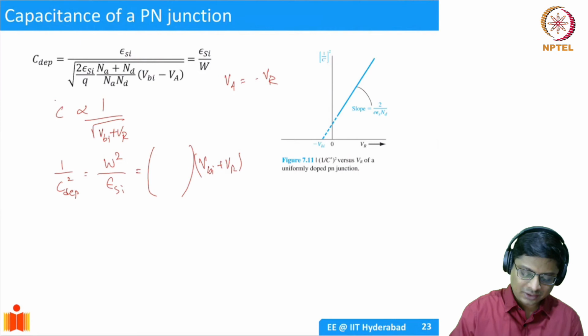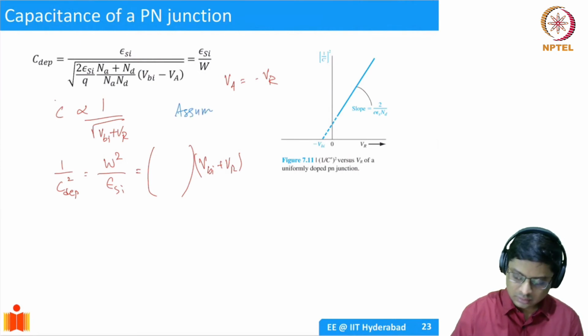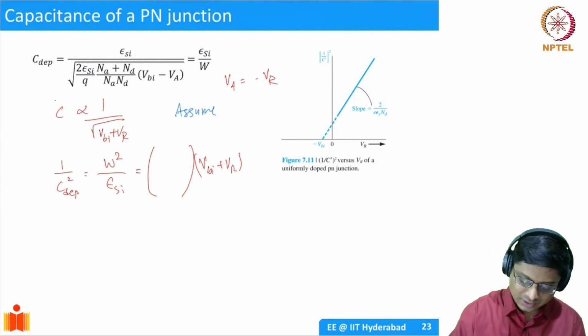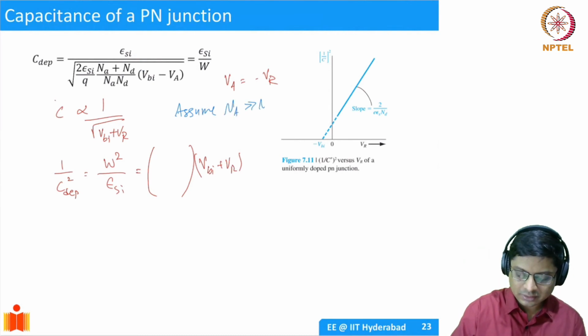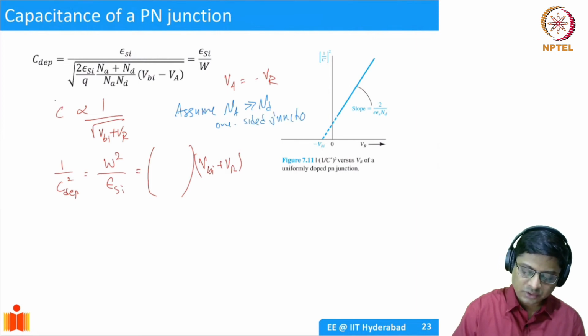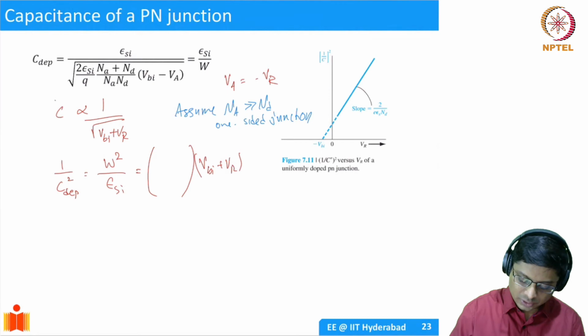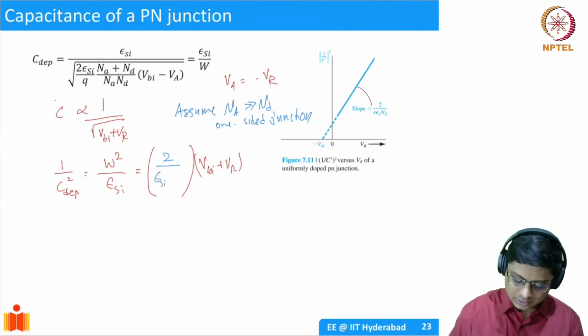That means Na is much, much greater than Nd, a one-sided junction. If you do this, then the slope turns out to be simply 2 by epsilon silicon Q times Nd.